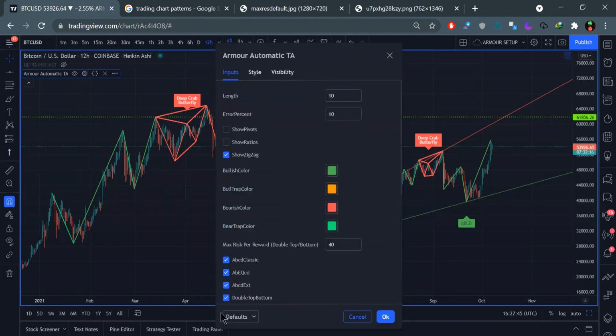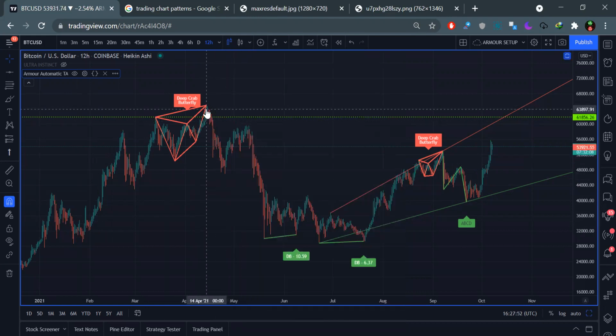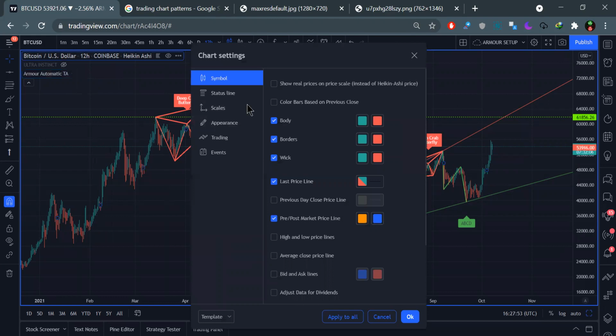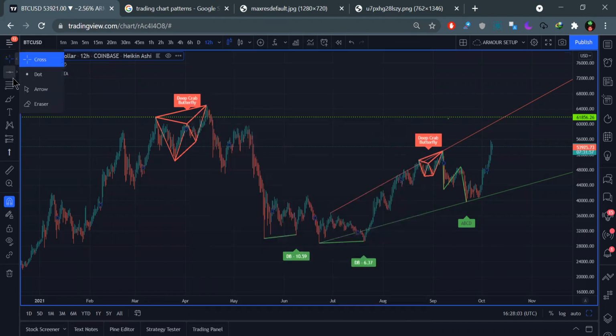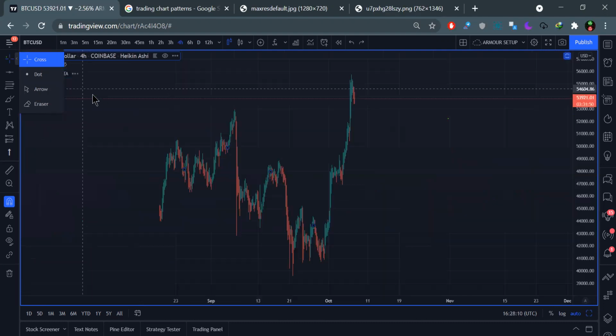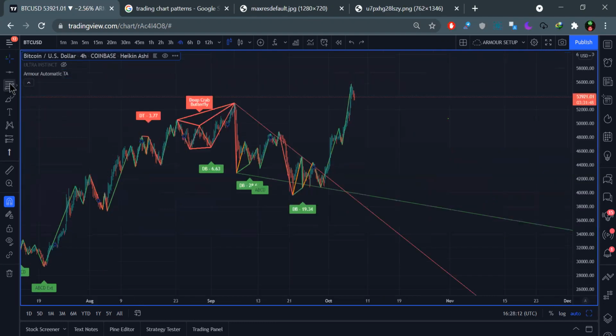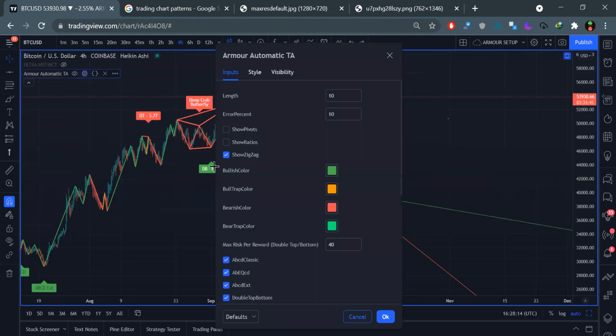I just enabled all. Let me reset it. Okay, and then let me enable. No, not this. What is this? That's the regular setting for TradingView. Yeah, just wait. Hold on. Let me go to the settings here and click on reset settings.